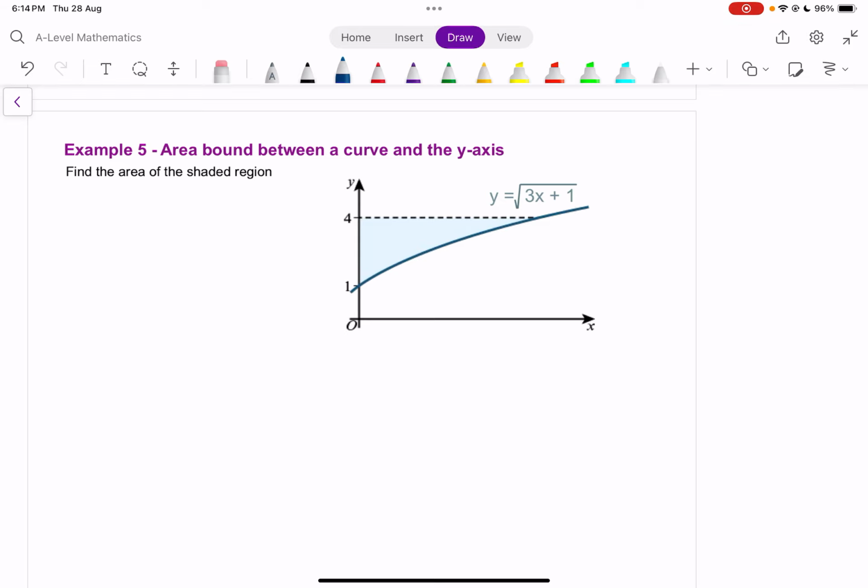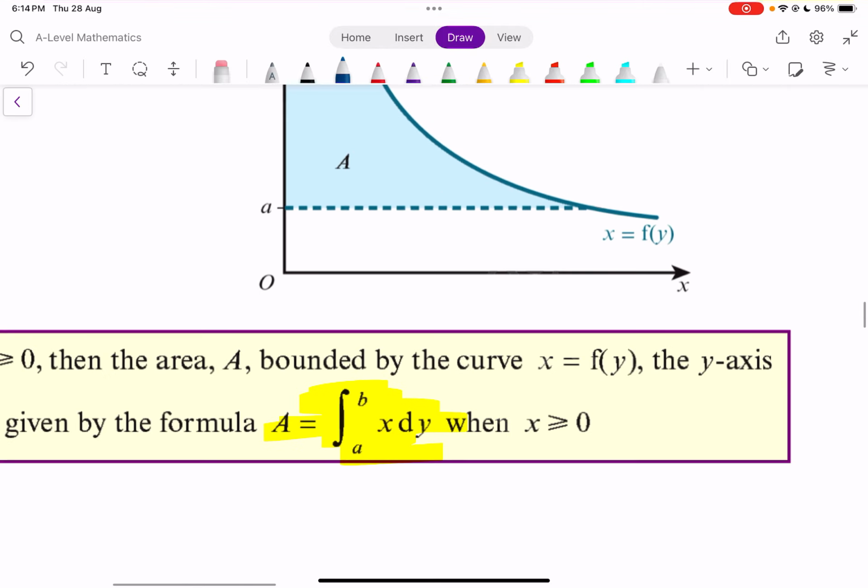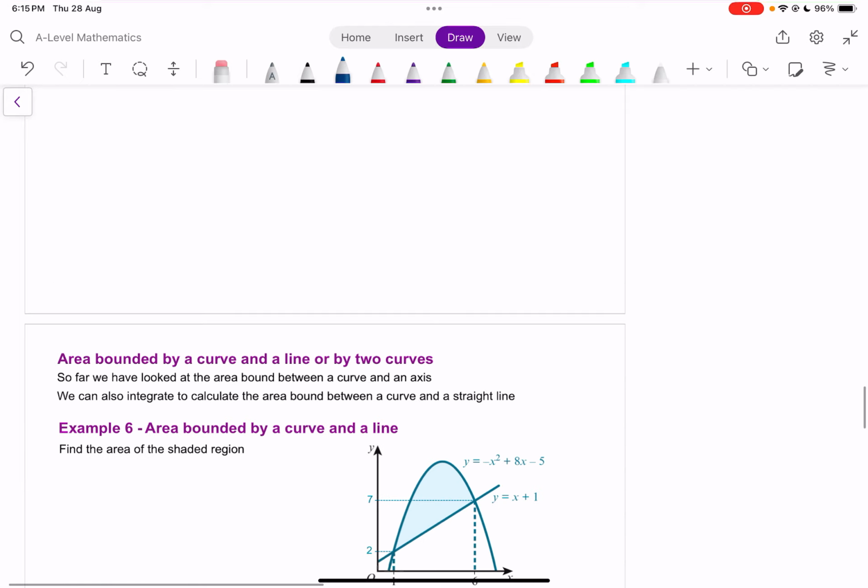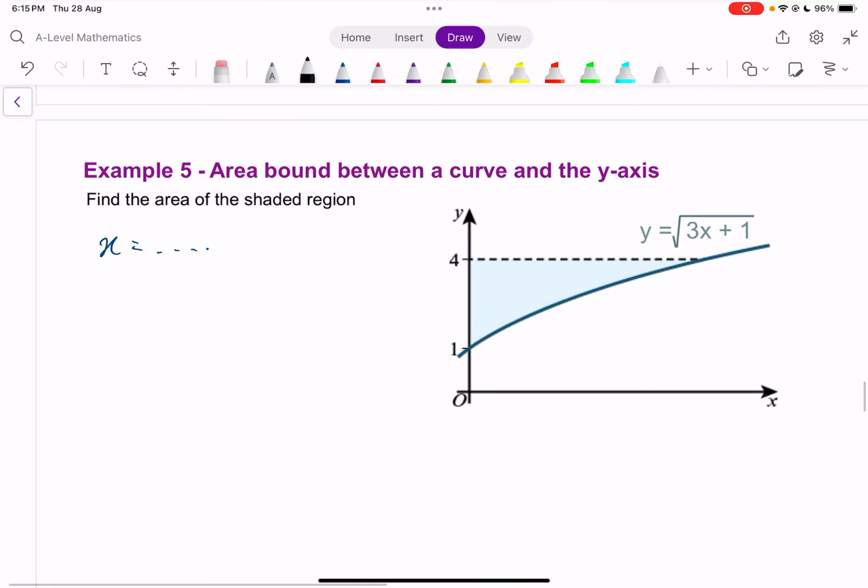So what we have to do here is rearrange the equation so that it becomes x equals dot dot dot. That way we can apply this formula. In this case, y equals square root of 3x plus 1, so y squared equals 3x plus 1, which gives x equals y squared minus 1 over 3.